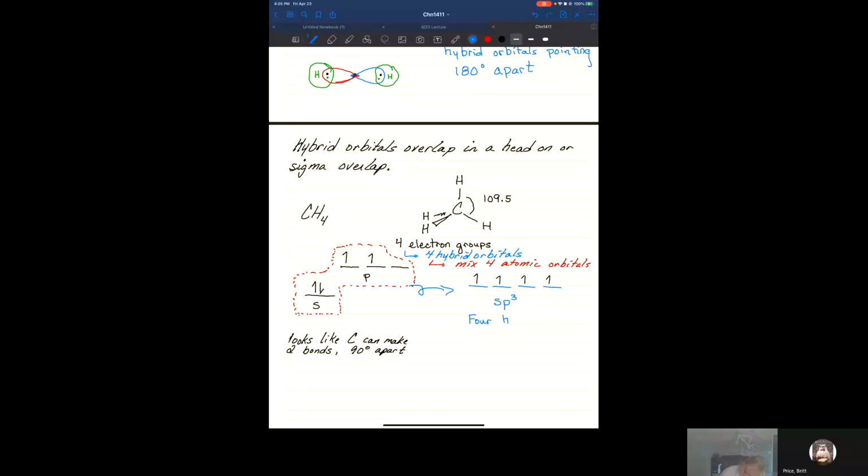Four half-filled hybrid orbitals to make 4 bonds, 109.5 degrees apart.